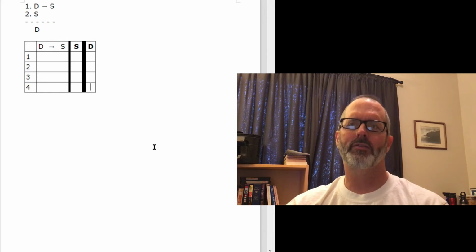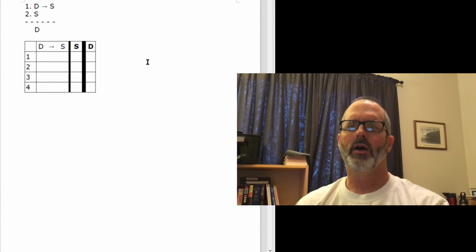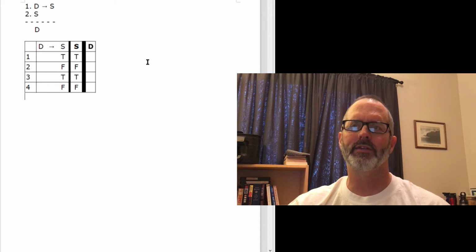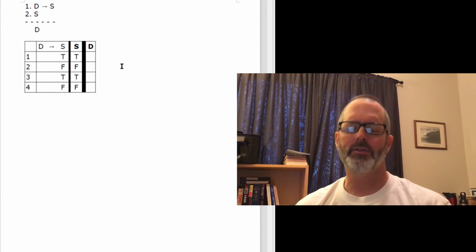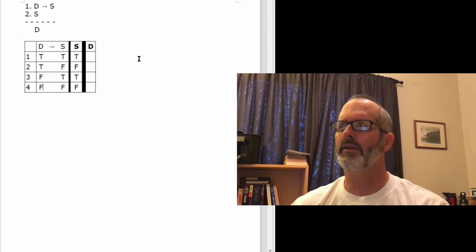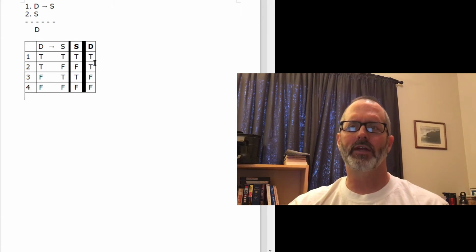I start, as we know, at the last letter alphabetically. What does this do? Alternates true, false, all the way down. So I fill in S the same way consistently. I double my alternating as I work up the alphabet. So D alternates every 2 lines. Clear. My values are filled in.